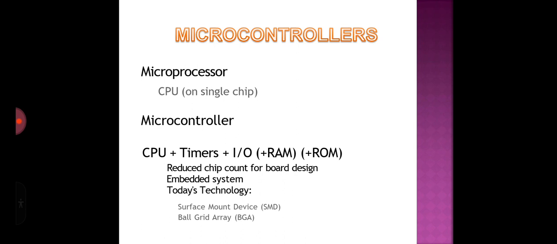Next is microcontrollers, which consist of CPU plus timers plus input output, RAM plus ROM. It reduces chip count for board design, embedded system in today's technology, surface mount SMD, and ball grid array.